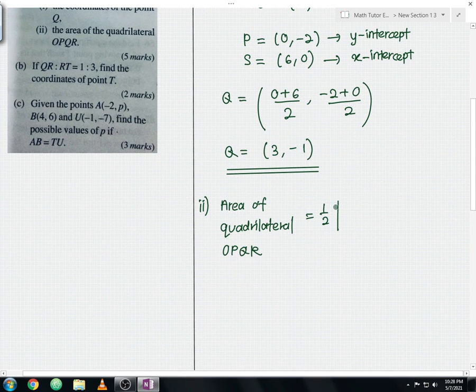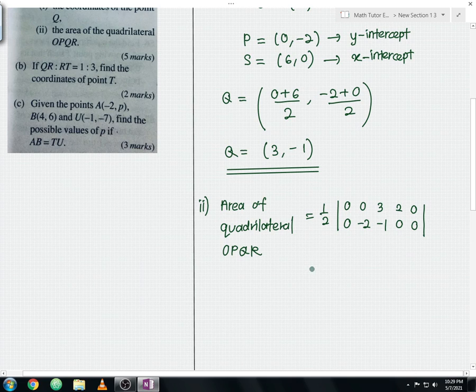Let us start with the origin (0, 0), followed by P (0, -2), followed by Q (3, -1), followed by R, which is (2, 0), and then you must finish with the origin itself. If you don't finish with the origin, you will get a wrong answer, guys. Up until now I hope you understand.